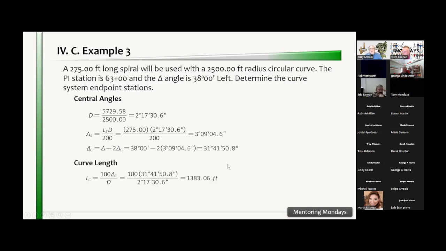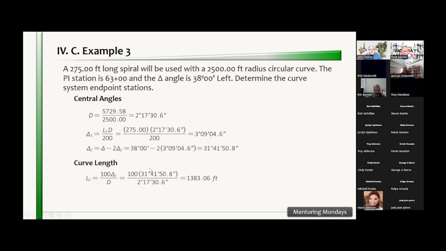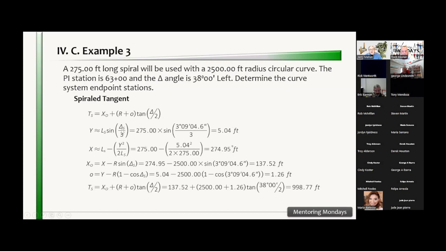And with that, we got to compute the curve length, and then there's all that work that we figure out in there. Okay. There's the curve length. This is that TS spiral tangent. We got to figure out all these other values here to come up with that spiral tangent of 998.77. All those calculations for that one number right there.